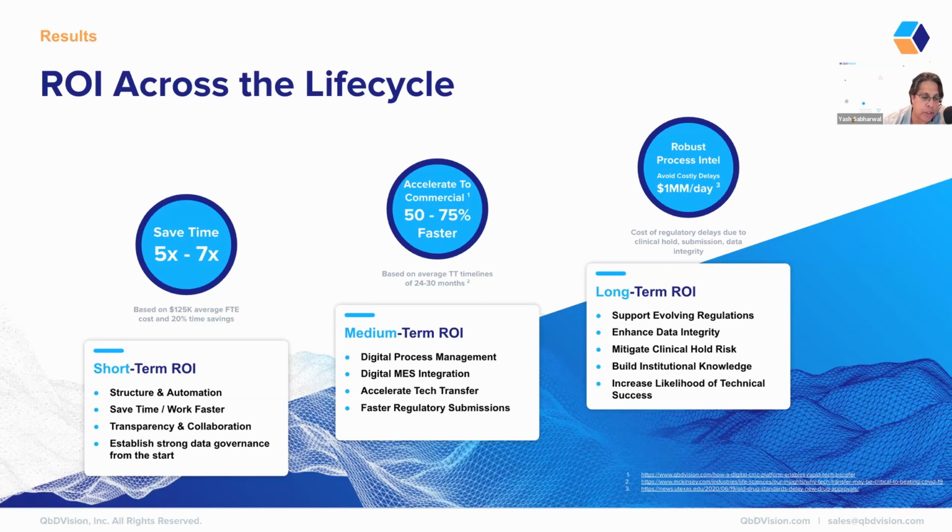Over time, as you build this capability and this structure, you can really accelerate to commercial a lot faster. So whether it's managing your process digitally, integrating with MES solutions digitally, or just being able to automate a lot of the reporting and information and knowledge transfer that's required as part of tech transfer, moving that away from a document-centric approach to a data-centric approach can be very, very powerful. It can save a lot of time and accelerate your activities.